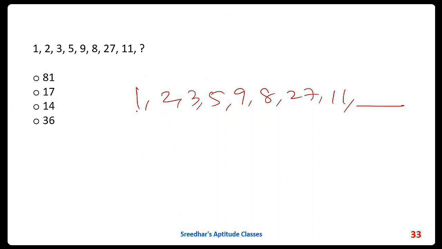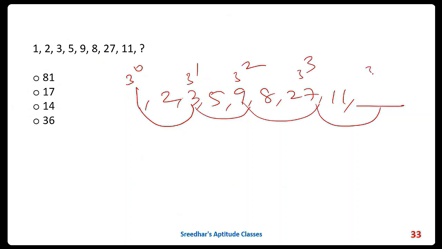If I go for alternates, 1 is 3 power 0, 3 is 3 power 1, 9 is 3 square, 27 is 3 cube. Next should be 3 power 4, which is 81. So it should be 81, first option. Yes. Next question.